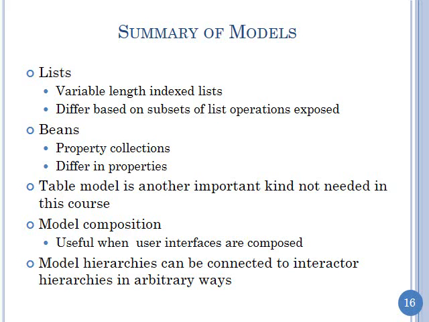So the main point is that the models can be lists or beans, and these are both important for your project. Another interesting model that one finds, which is not relevant to this class, is a table model. Basically, it's the hash table. And model hierarchies and interactor hierarchies can be connected in arbitrary ways.